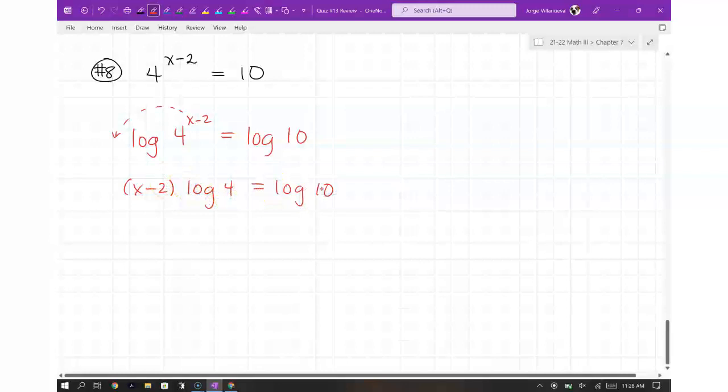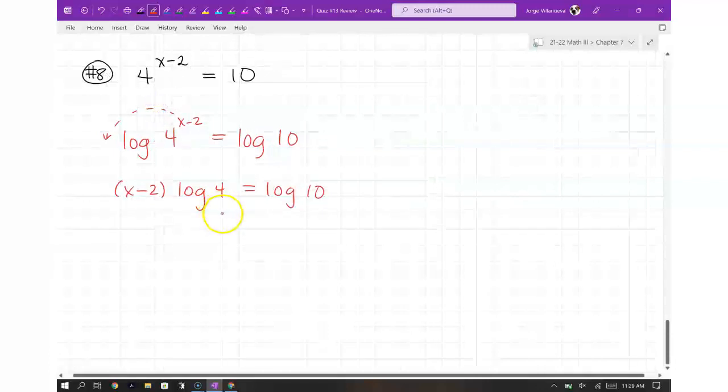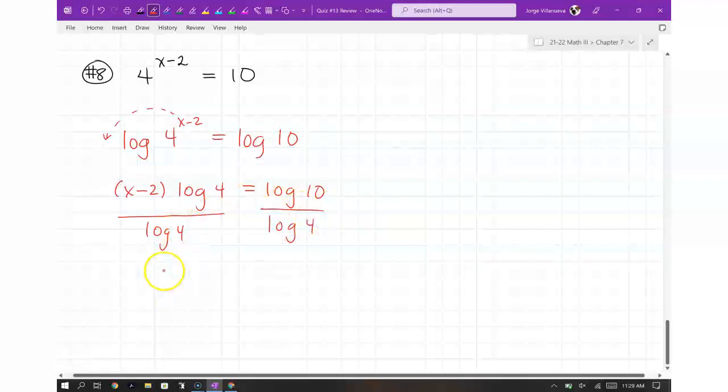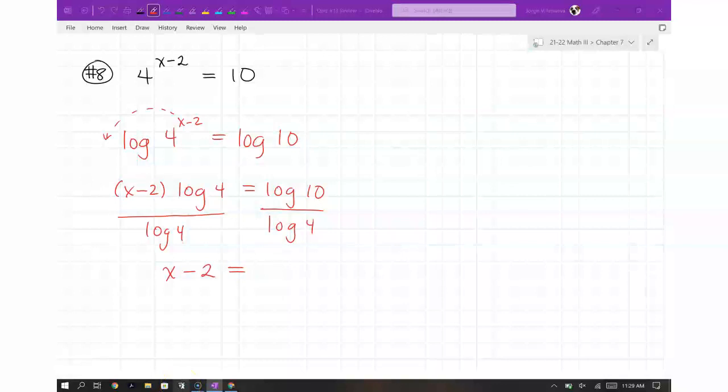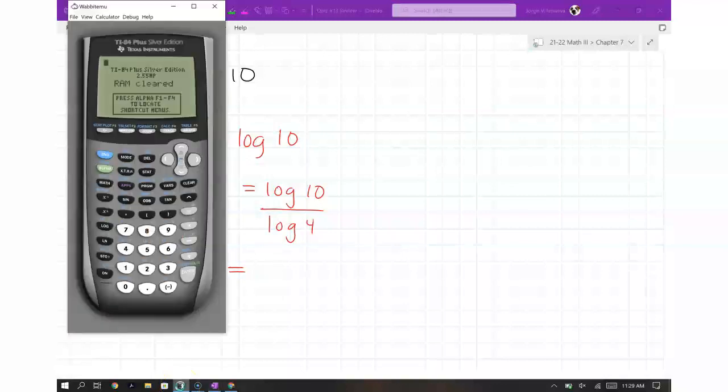Now notice, I have to get that x minus 2 all by itself. So let me get that log of 4 out of there. It's multiplying, so I'm going to divide by log of 4. So all I have is x minus 2 equals log of 10 over log of 4. Now I don't know what that answer is, but let's calculate it.